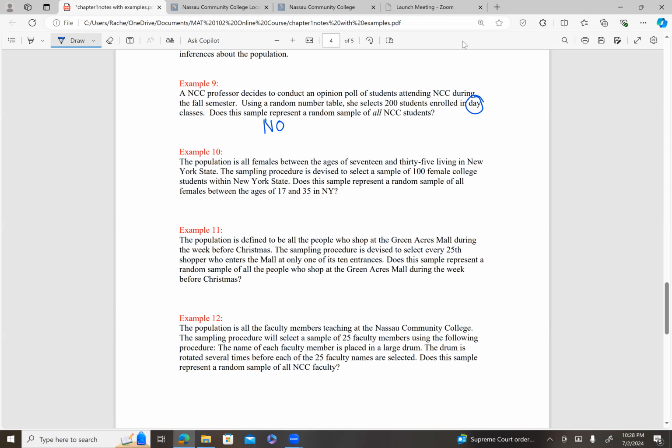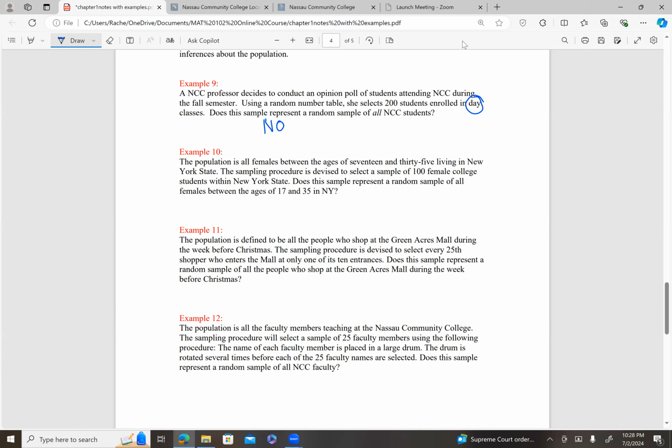Now think of females between the ages of 17 and 35. Not every 17 to 35-year-old goes to college, is a college student, right? So we're only selecting 100 female college students.